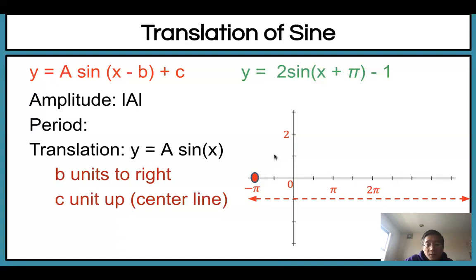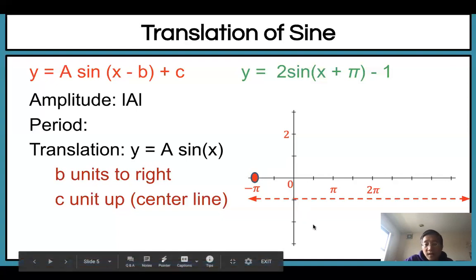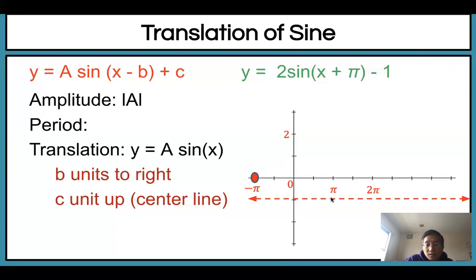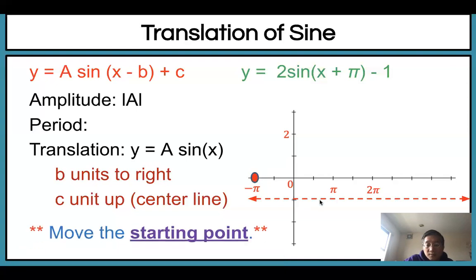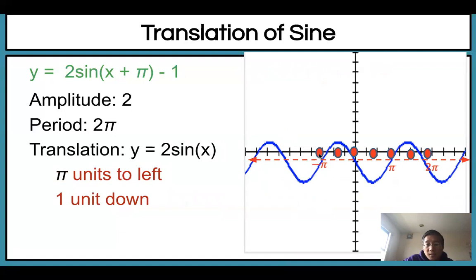It'll go up here, and for another interval, go down back to the center line, right? So let's see with the actual graph. From here, the center line is negative 1. You start from negative pi and negative 1, right? Start from here.